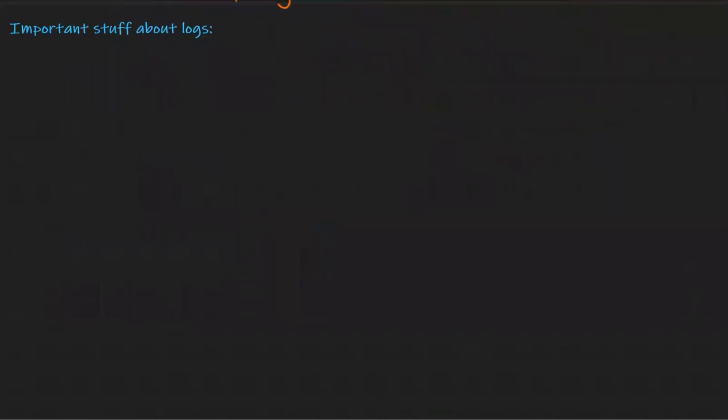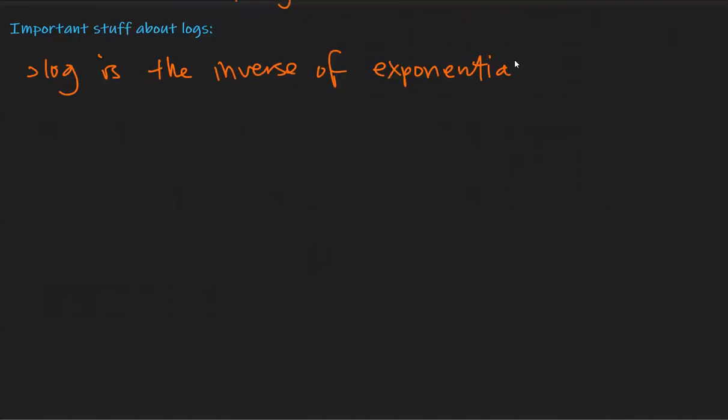Okay, just to kind of recap, what did we talk about? So log is the inverse of the exponential. Okay. And some of those properties we found: log base A of 1 is equal to 0.